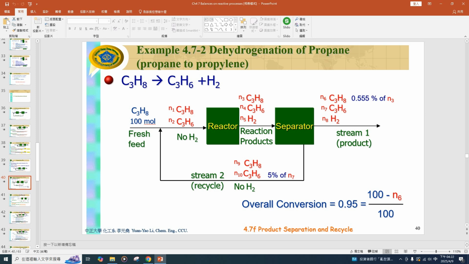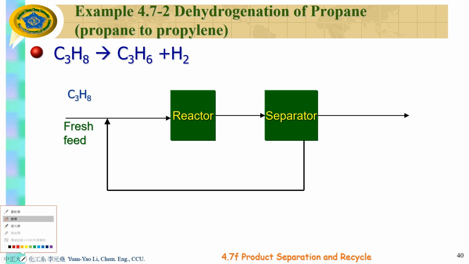Dehydrogenation of propane is this one, because you lose one mole of hydrogen, and it becomes propylene. Okay, right. So this is example 4.7-2.